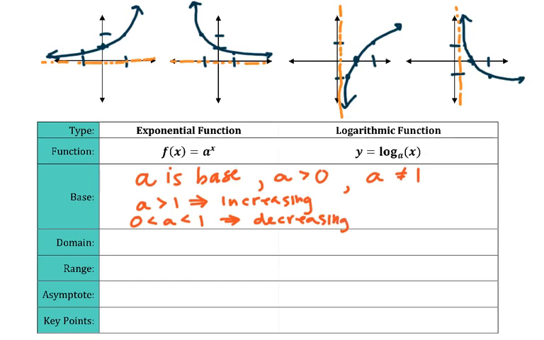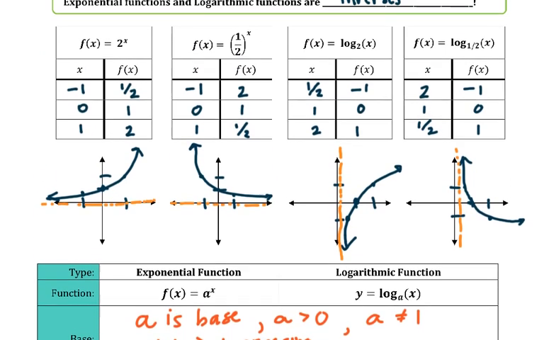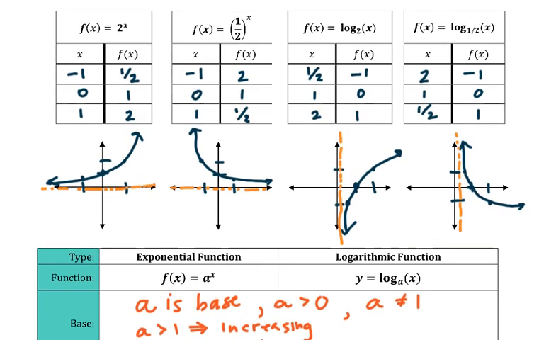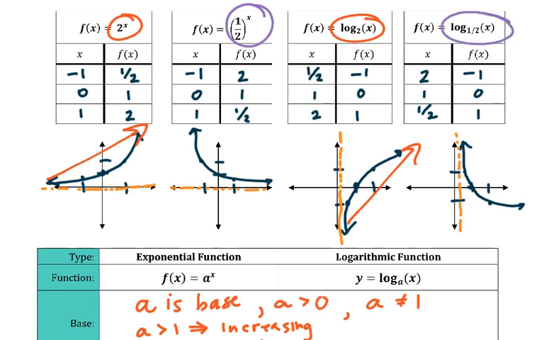And thinking back at these graphs, as I said, in graph 1 and 3, my base is 2, which is bigger than 1. The graph rises from left to right across the page. Whereas in graph 2 and 4, my base is fractional.